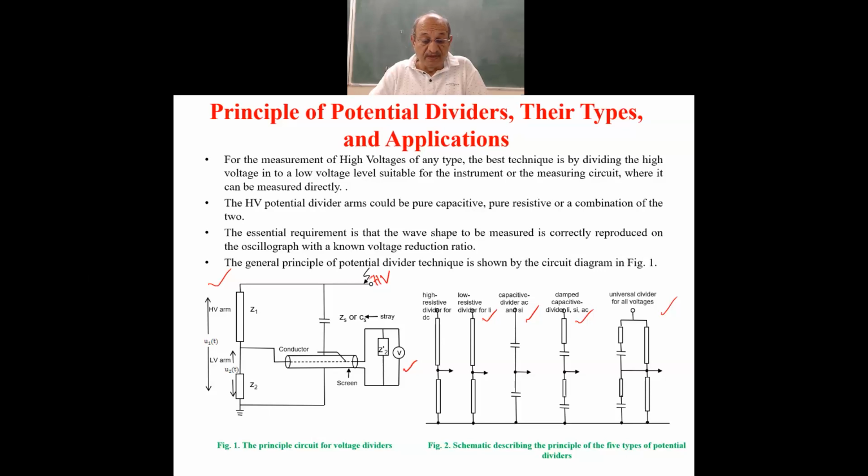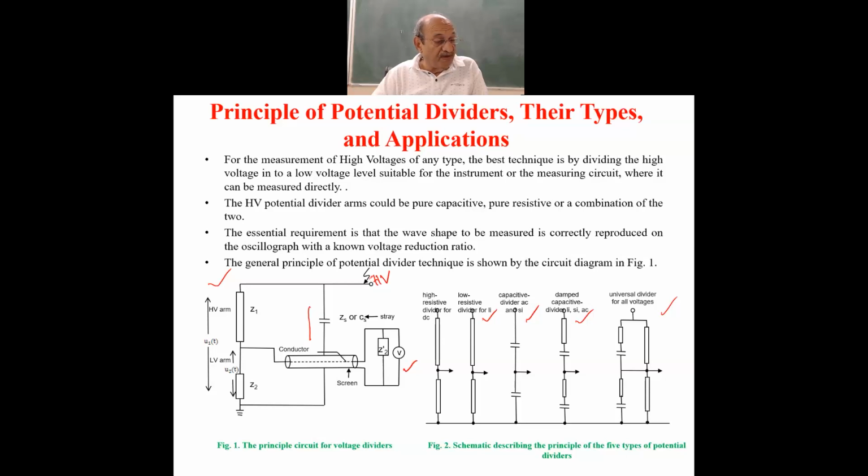Here, two things play an important role. As you can see, this is between the high voltage and the low voltage. Stray capacitances are formed. Whenever something is on high voltage, between the high voltage and the ground, the low voltage, stray capacitances are formed.